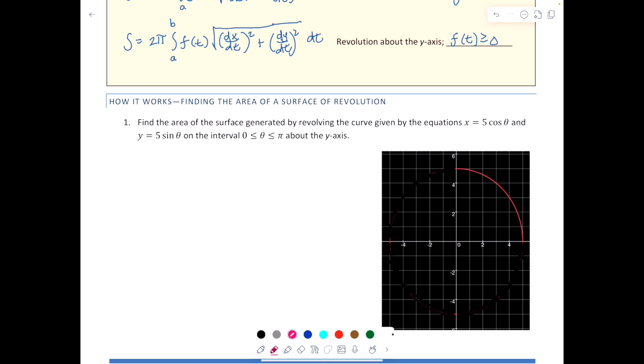So it will show up kind of as a trace here, and then you're going to get kind of like a dome, right? As you revolve about that axis.